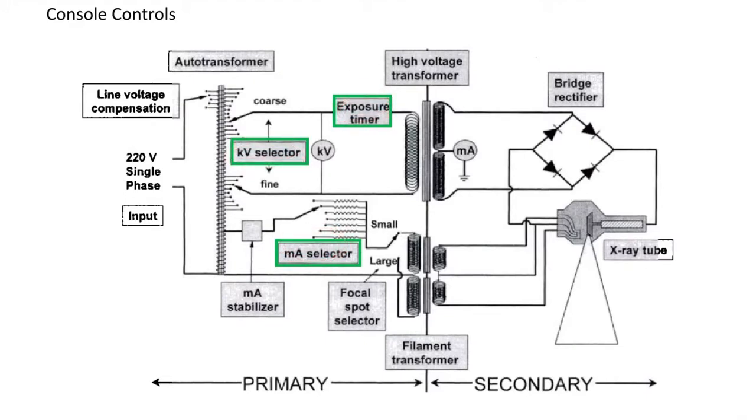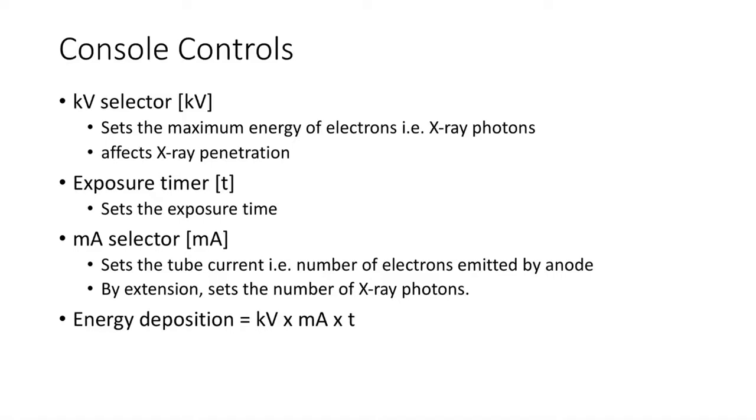Okay. It is actually quite important for us to realize that the KV selector is the one that dictates what the maximum energy of the electrons is going to be. The electrons that are emitted from the filament and that are headed toward our target are going to have a certain amount of energy, and that energy is dictated by what we choose on our KV selector.